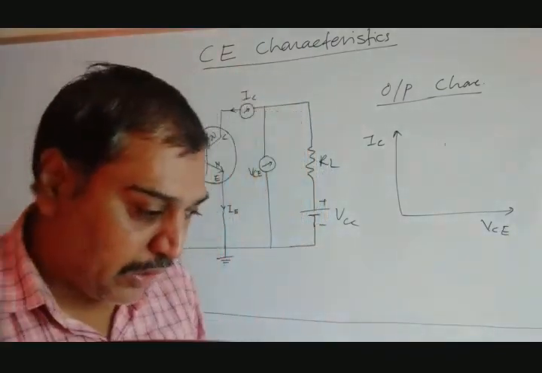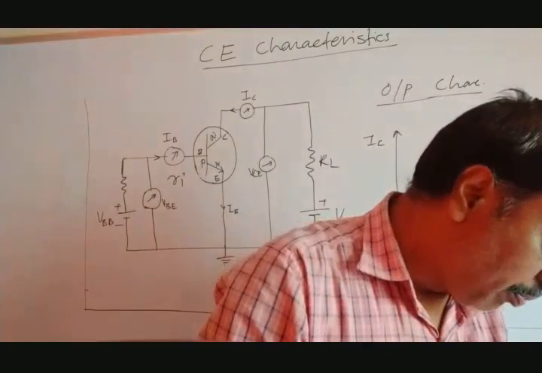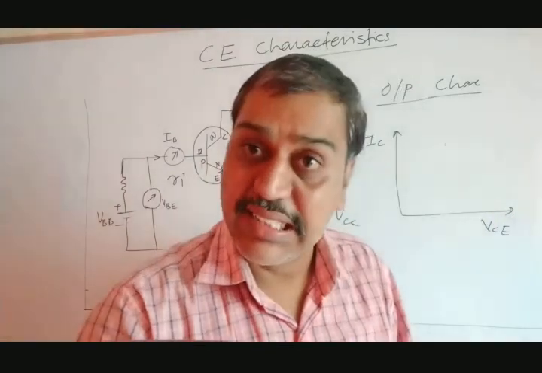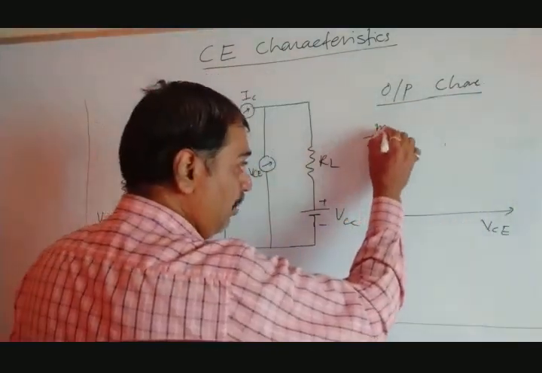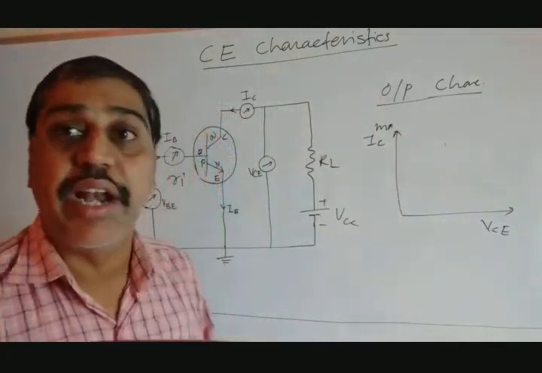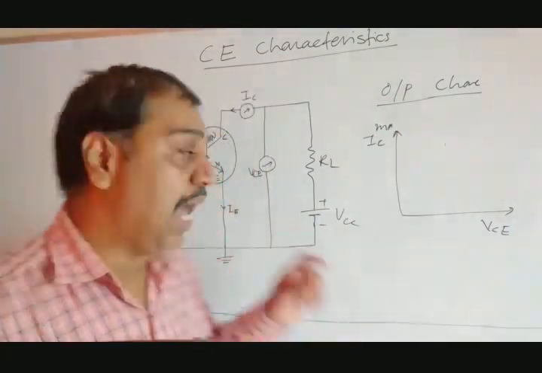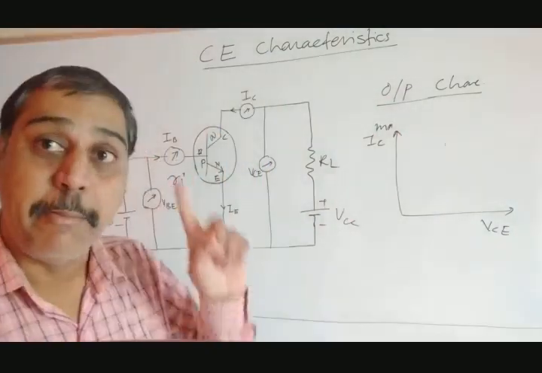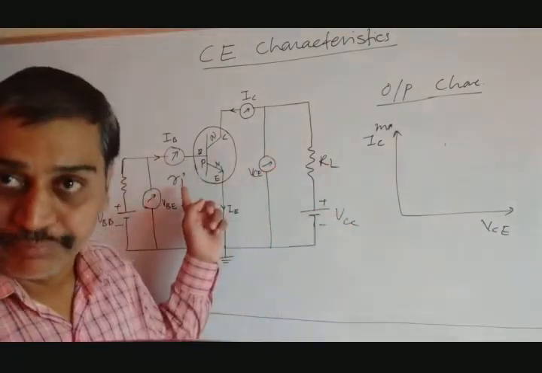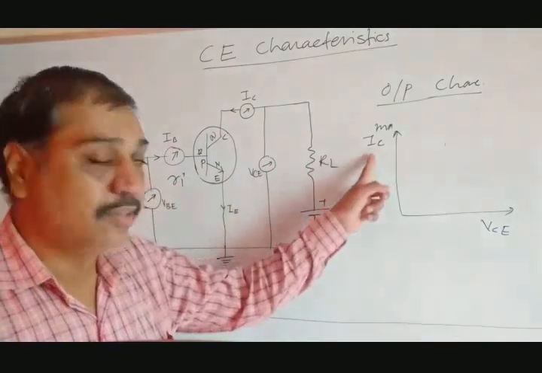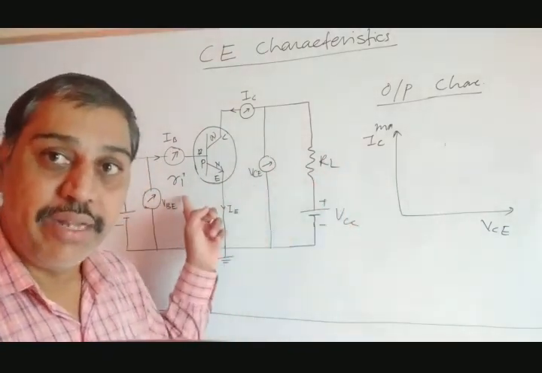Now remember, in your book they have mentioned IC as the output current, and that must be in milliampere. Milliampere means 10 raised to minus 3. Initially IB is in microampere, 10 raised to minus 6. So IC is 1000 times greater than IB. Are you getting? Why?